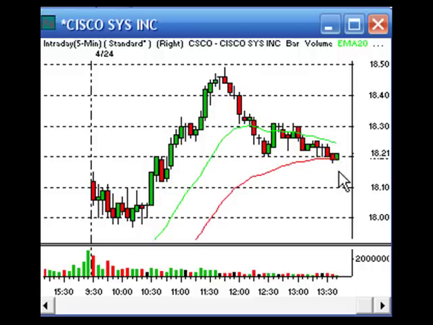So I suspect Cisco is going to probably come back down at least 10 cents to the 18.10 level, and maybe as low as the high of the day here, reaching down to challenge that area of support. Now, I would have liked to see a rally to a lower high around 18.40, which would have delivered a much better risk-reward level, but this still has some good potential for a scalp-type trade on a breakdown.